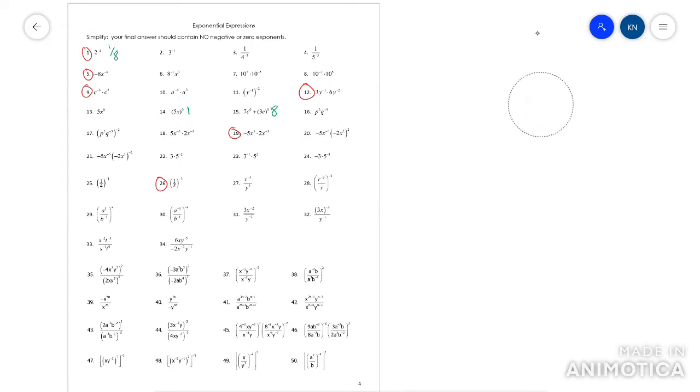All right, now let's look at some power to powers, like 28. You got r^-3 over s to the -1, all raised to a power. Okay, power to power is the only time you multiply exponents. See how it's a power raised to another power? So you're going to be multiplying.